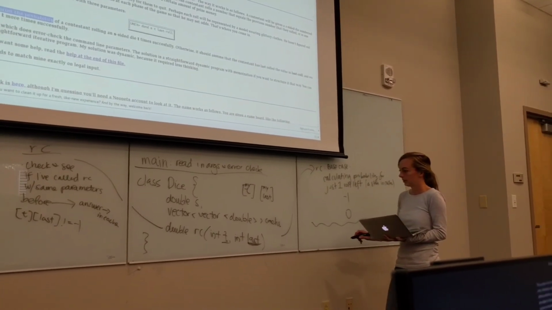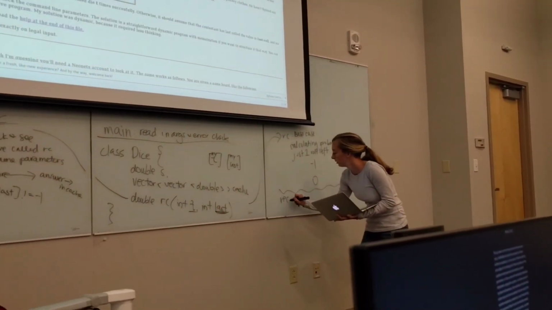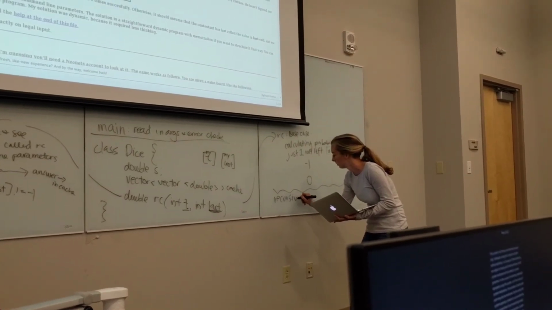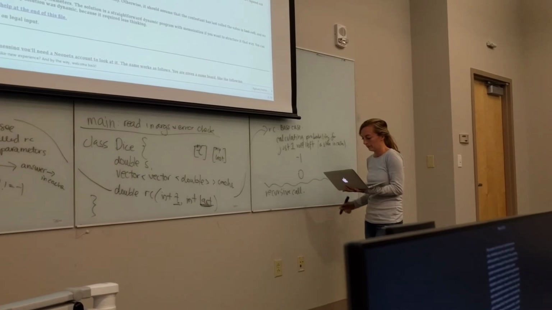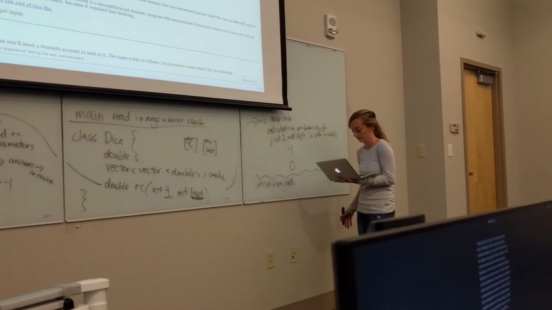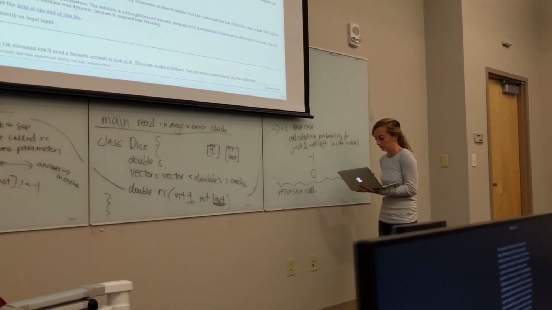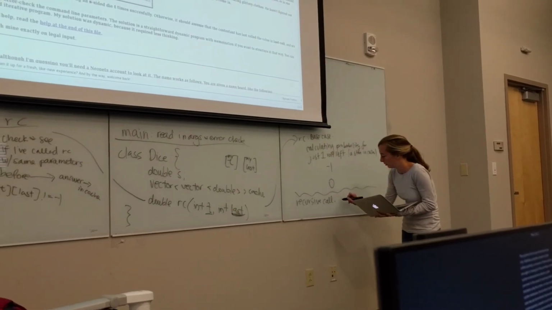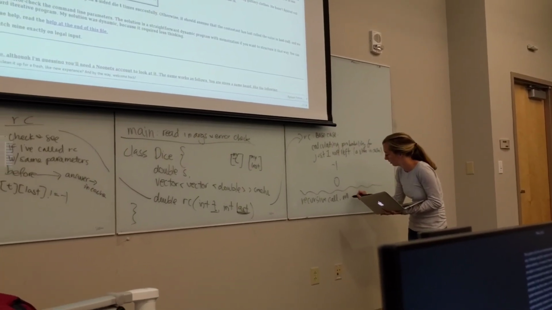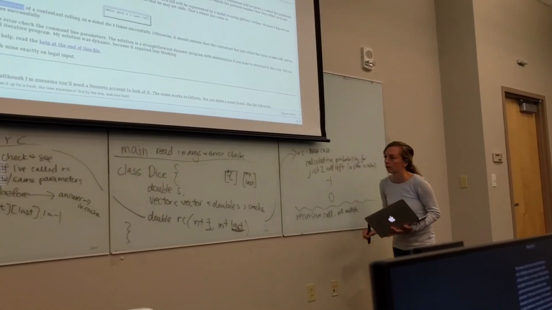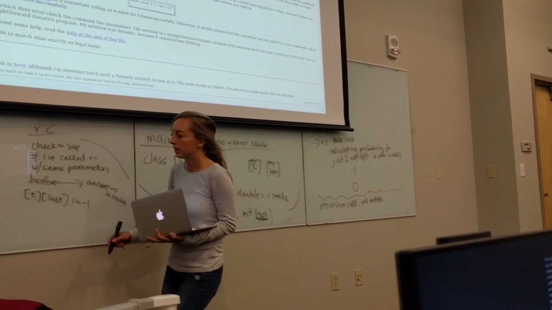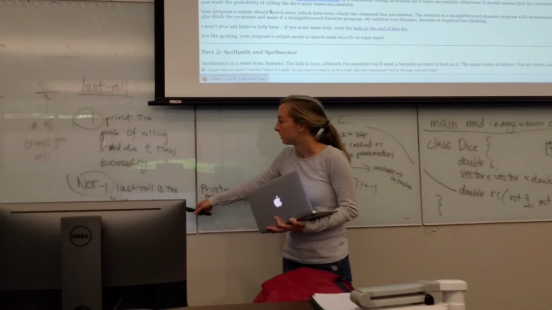And otherwise, you're going to do your recursive call. So if you are going to roll multiple times in the future, aka you are in this type of setup, last roll is the last roll valued.